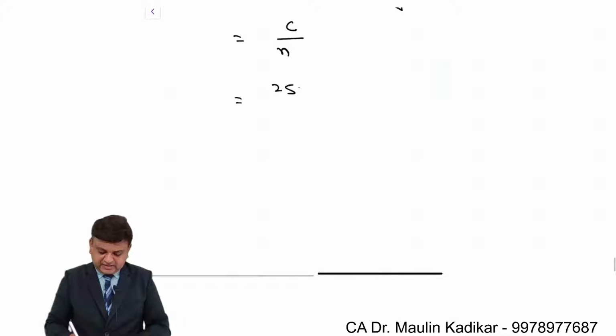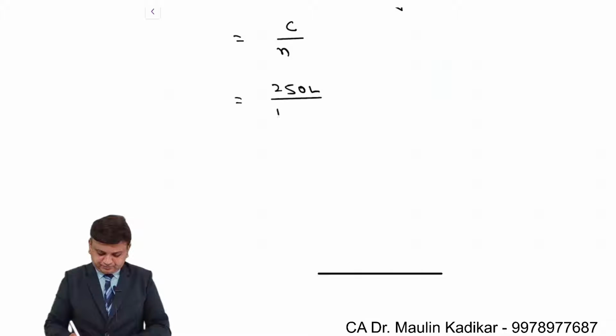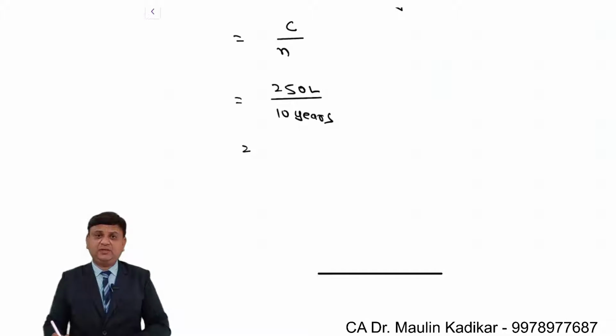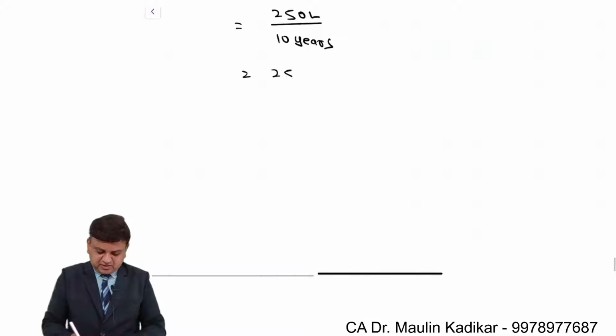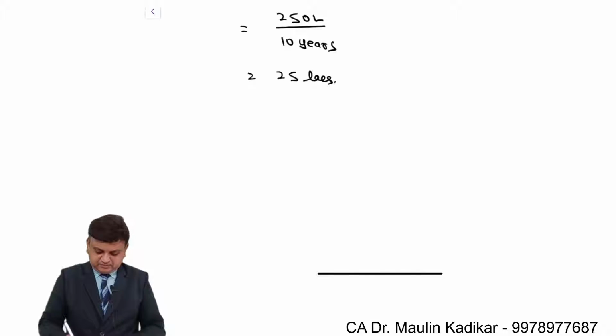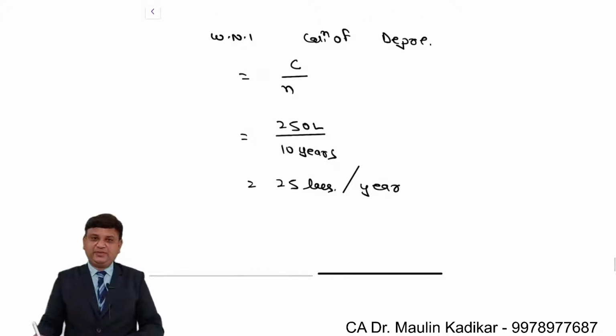So 250 lakhs divided by 10 years. Dear students, we are making an initial assumption that there is 100% equity financing for the purpose of doing answer. 25 lakhs per year. So this is the first working note, depreciation.